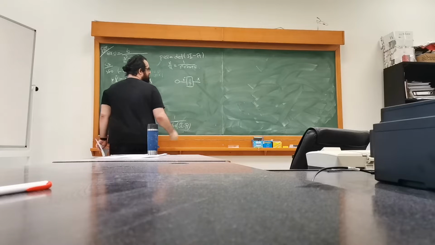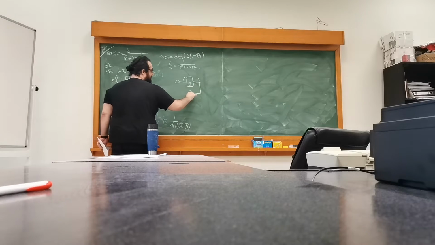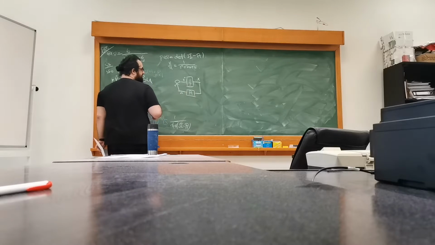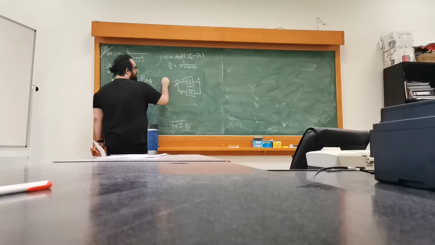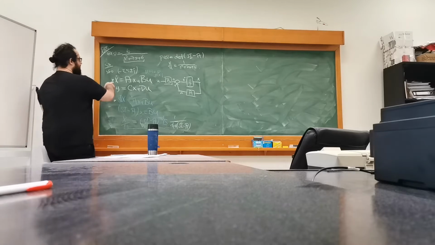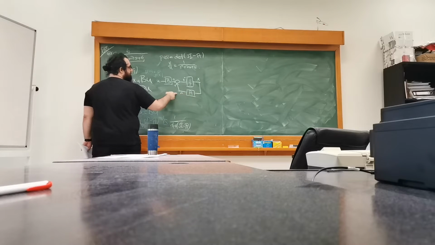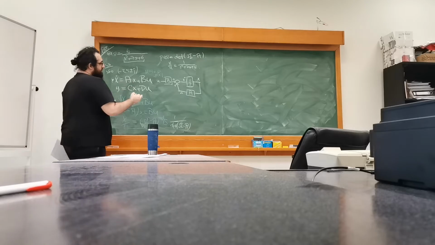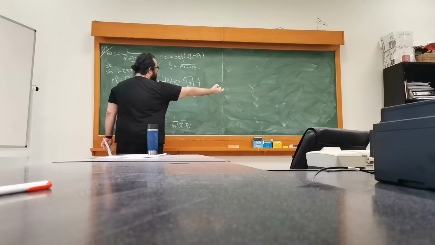This will give me x, and then I will multiply that with A. That will give me this Ax here, A times x. And then I will also have an input, but there's this B matrix. So this is basically the structure that I'm trying to build here. Ax plus Bu gives me this x dot, and the integral of x dot gives me x. So I have the input, but I don't really have the output here.